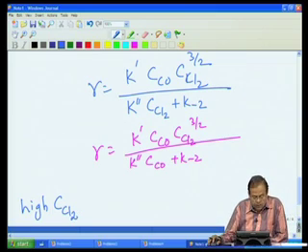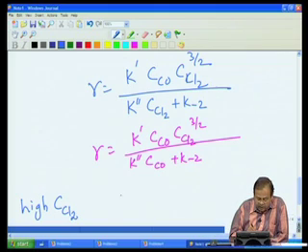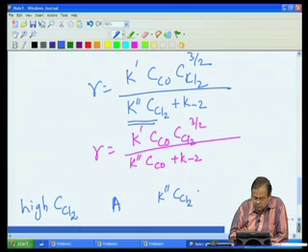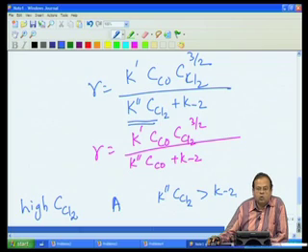Okay. Now, if we do it with very high concentration of Cl2, then what happens for mechanism A? For mechanism A, if this particular term is large, what does it imply? Very high concentration, I mean, high and low are all relative.